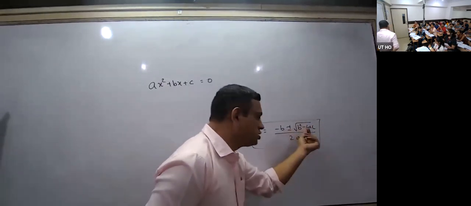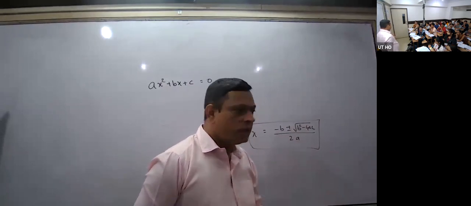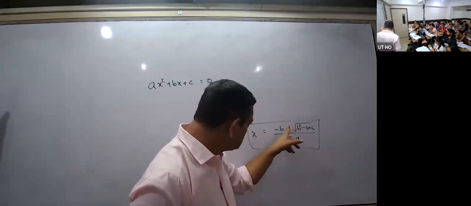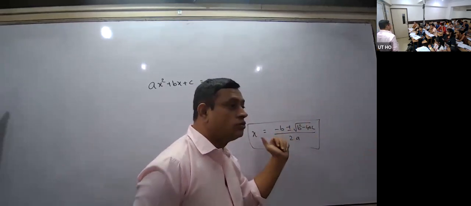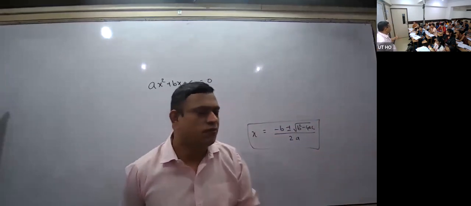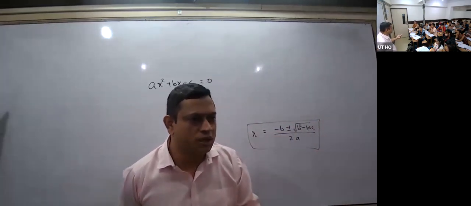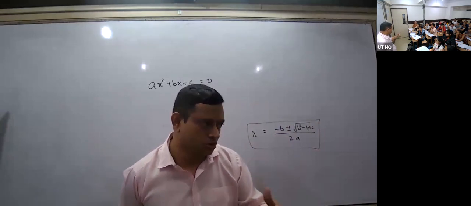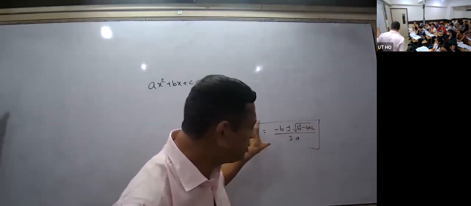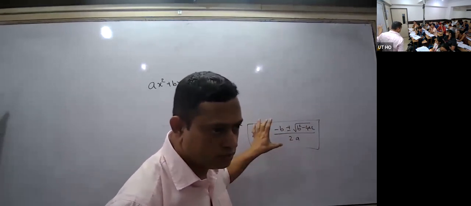If b square minus 4ac was 15, then the root will remain, it's irrational. And the irrational part is plus for one and minus for the other. That's why, if one root is a plus root b, the other root will be a minus root b. All these you can see from this formula itself.